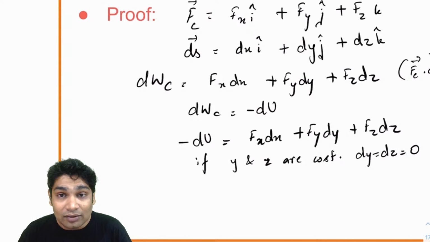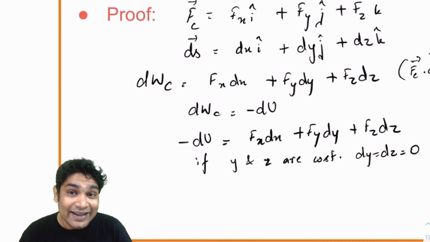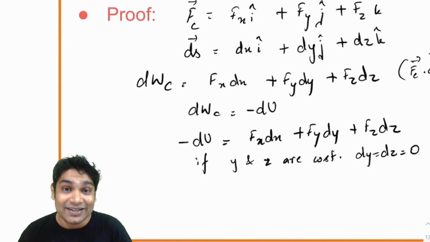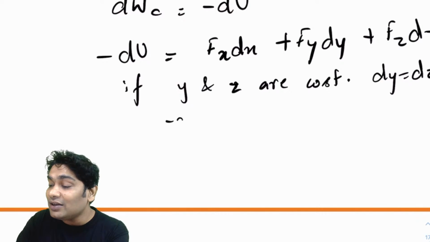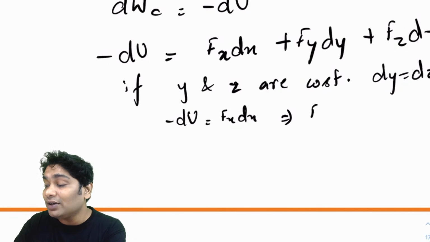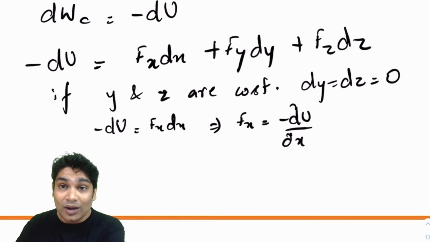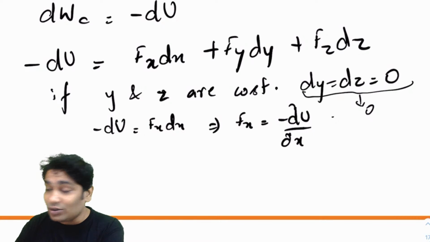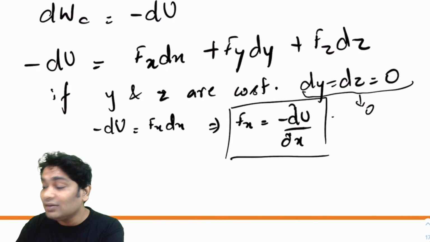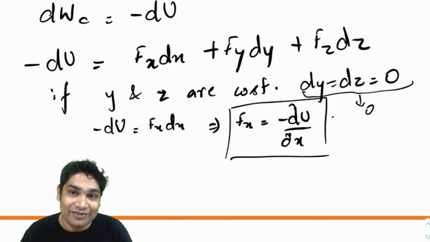That is what partial differentiation is. So dy will be 0 and dz will be 0 because y and z do not change. What am I left with? I am left with minus du equals Fx dx. So what I get from here is Fx equals minus du over dx. In fact, I write it as del, so as to signify that I have taken these to be 0. Because these are 0, that is why I represent this as del. That means I am taking a partial derivative.